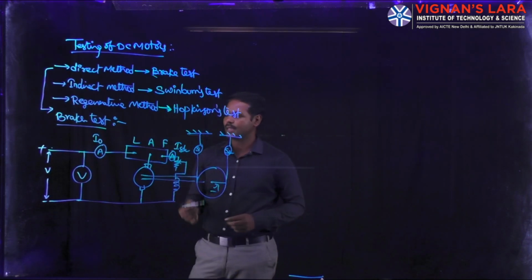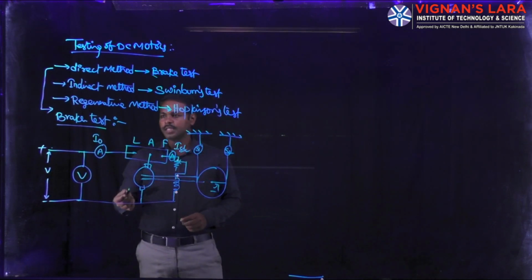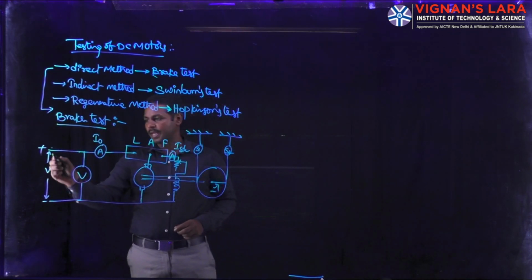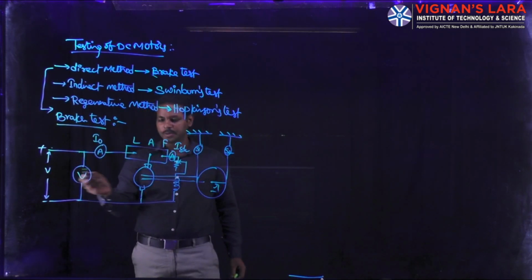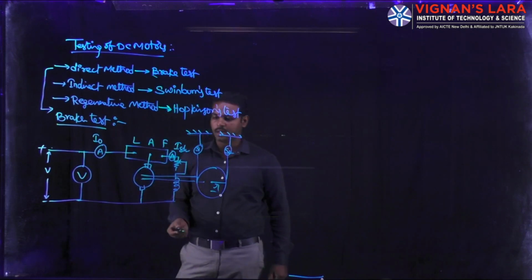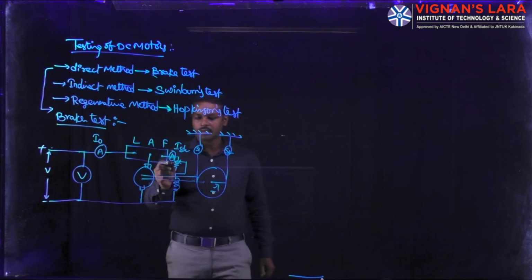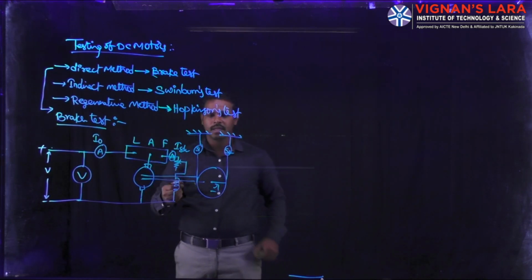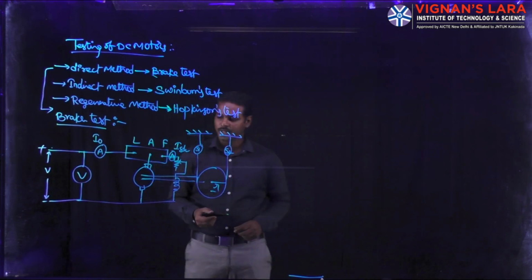So first of all, what is the operation of a DC motor using the brake test? The input supply voltage is directly given to the motor. By varying the field rheostat, we bring the motor to the rated speed.